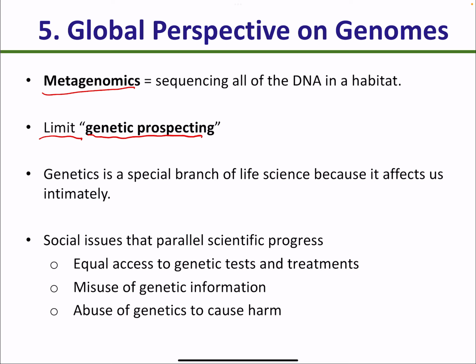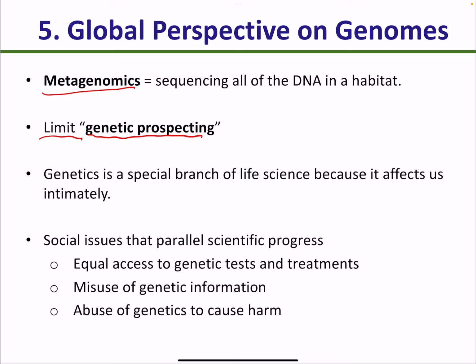That is becoming a problem, hence the limit of genetic prospecting. Genetics is basically a discipline, as you understand now, that affects a large proportion of our life and our environment. So we are all affected.